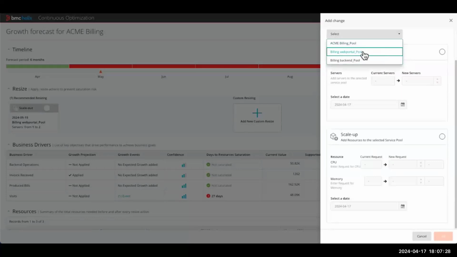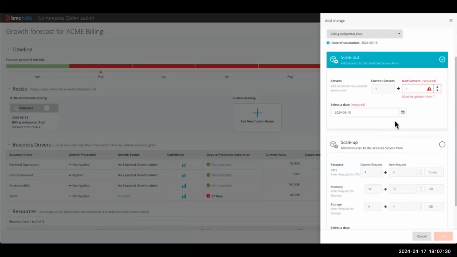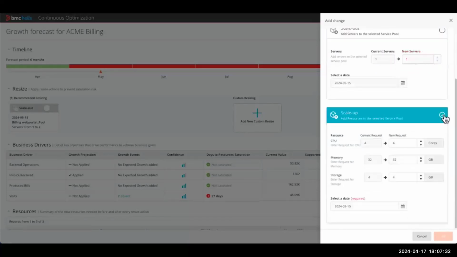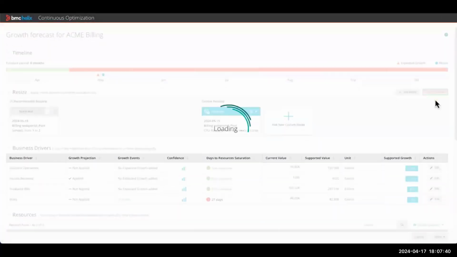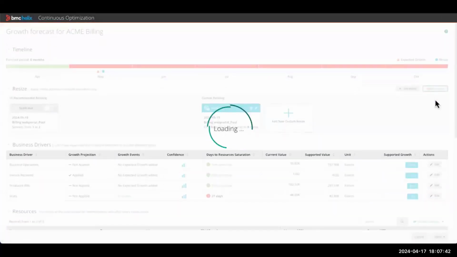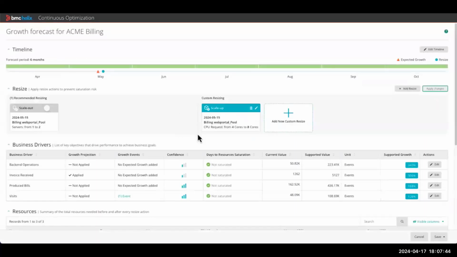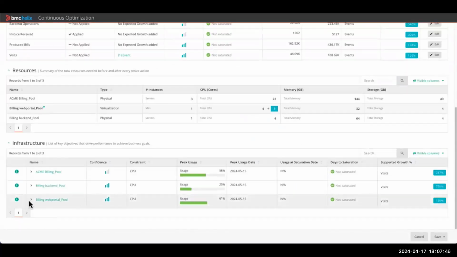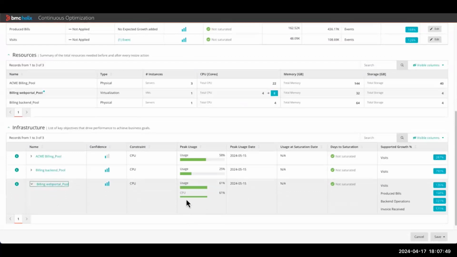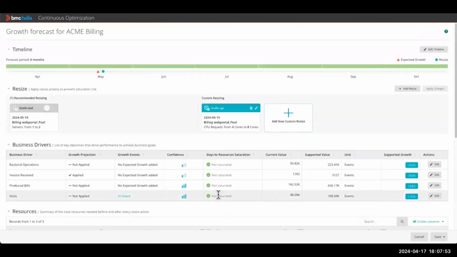So I'm going to the web portal, and I want to do a scale up, and I want to increase the number of CPUs to 8. And I can apply my change. And I see that by just adding the right number of CPUs, now my CPUs are at 61%, I'm all good. So that's how you can run simulations and plan ahead.